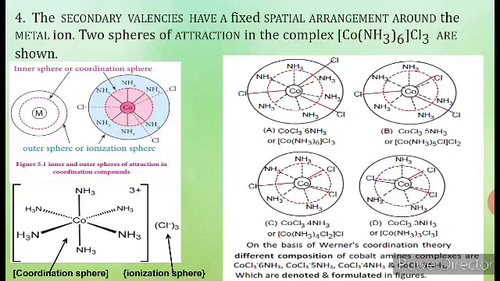One is a dotted bond and another one is a straight line bond. So this chloride ion present inside the coordination sphere satisfies both valencies, primary as well as secondary valency.